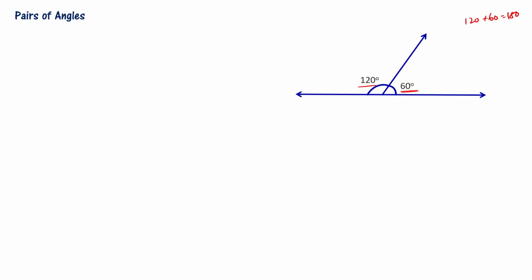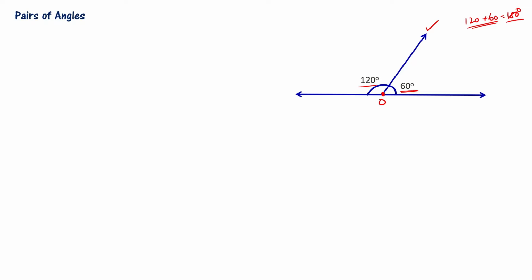When the sum of a pair of angles is 180 degrees, then those angles are called supplementary angles. This is what we have learnt already. But here, if you look at, let's say this is the vertex and this is the common ray for these two angles, right? One arm is common for these two angles.